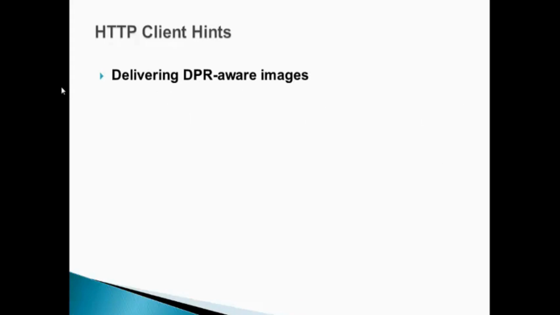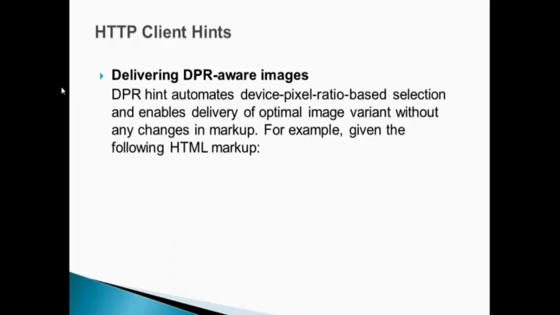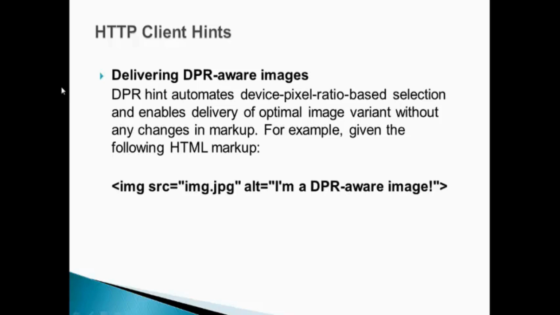Delivering a device pixel ratio aware image: the device pixel ratio hint automates device pixel ratio based selection and enables delivery of the optimal image variant without any changes in markup. For example, given the following HTML markup where the source image is img.jpg.